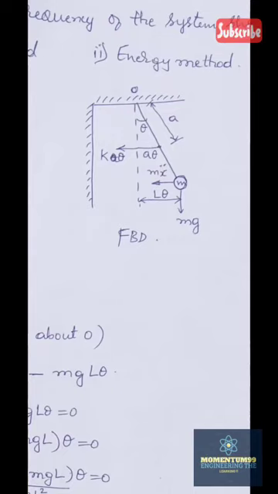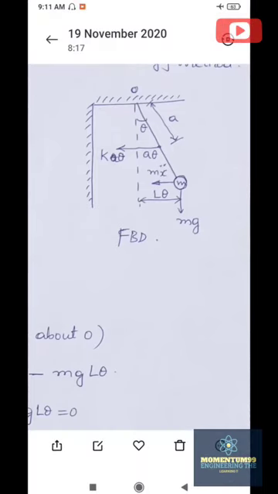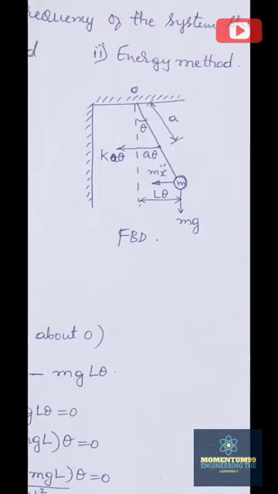Now I will apply a certain force. That force results in the production of an acceleration given by m into x double dot, what you are seeing here. Since our mass is under the combined effect of acceleration due to gravity and the spring force, we need to represent these two forces.